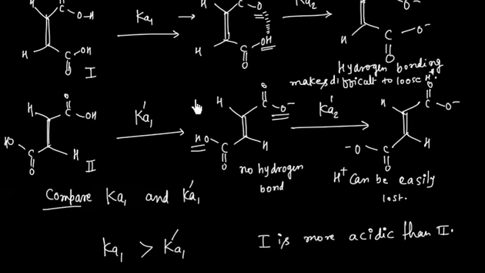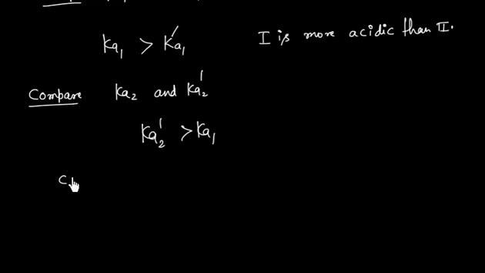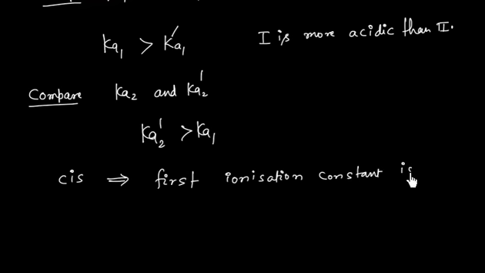So see, the important point we have in cis and trans dicarboxylic acids: Ka1 for cis is more, but Ka2 dash, that is Ka2 for trans, is more. So we can say in the case of cis, the first ionization constant is large compared to trans.